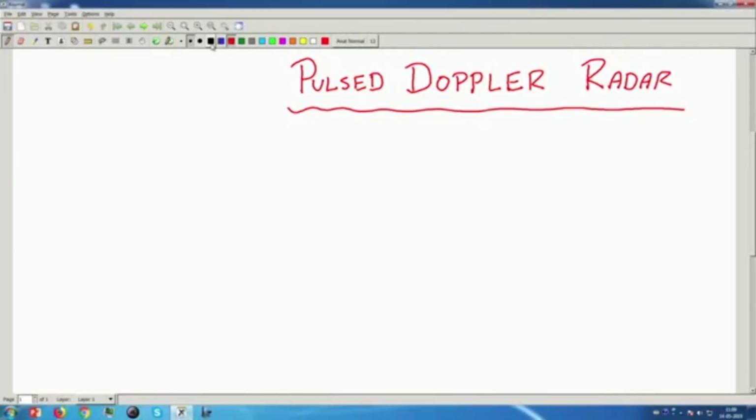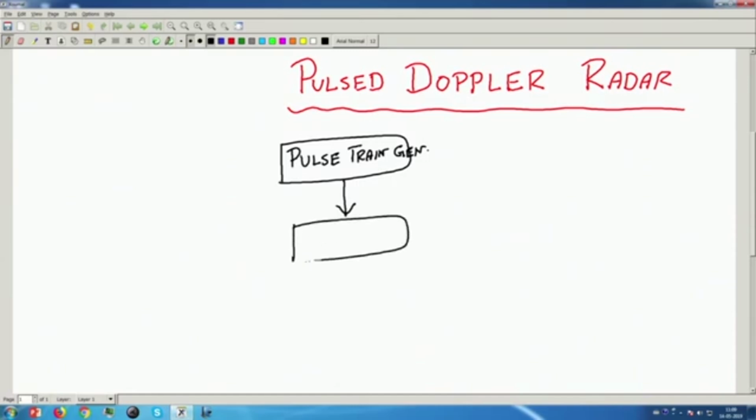First block we have is the pulse train generator. Then this is put to a power amplifier.